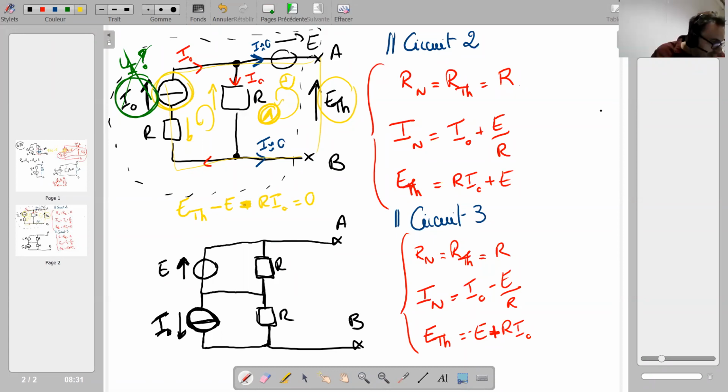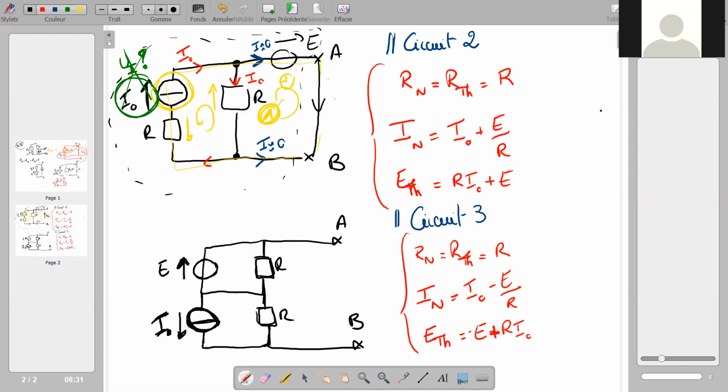So this is how to find ETH. If you go for IN, now of course you're not looking for ETH anymore; you link A and B, looking for ICC in this direction. Let me erase everything.